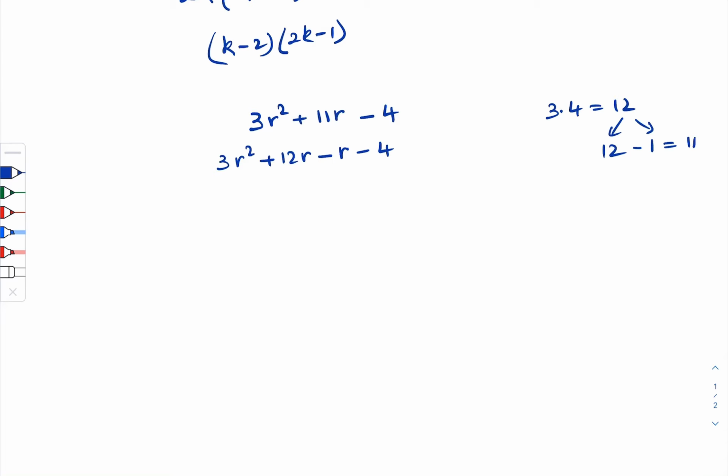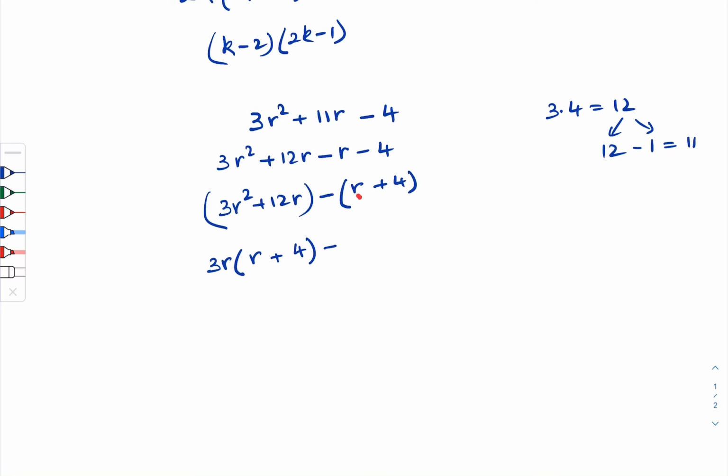Okay, so now I'm going to group them. So 3r squared plus 12r, first parentheses. Second parentheses, again, watch the negative. That's going to flip the sign of the 4: r plus 4. Then I pull out 3r common, which leaves behind r, plus 12r divided by 3r leaves behind 4.